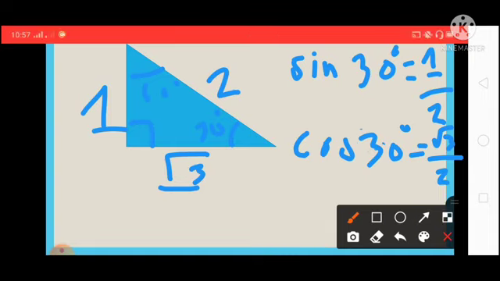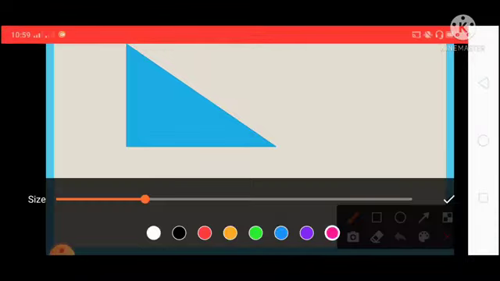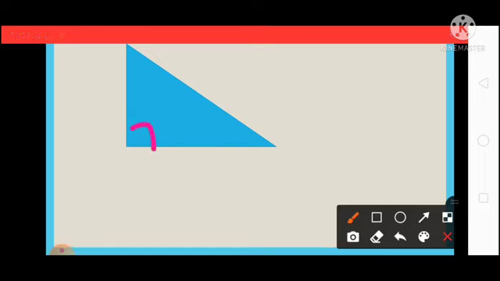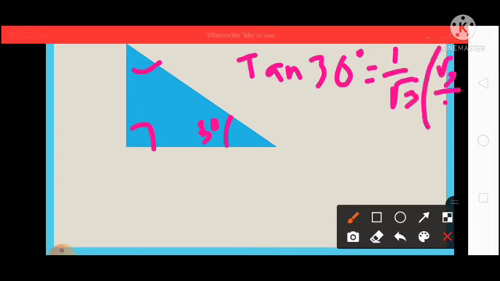Then the next one is the tangent. This will be the right triangle, with the 60 degrees and the 30 degrees. We're going to find tan 30 degrees, which is 1 over square root of 3, multiplied by square root of 3 over square root of 3.